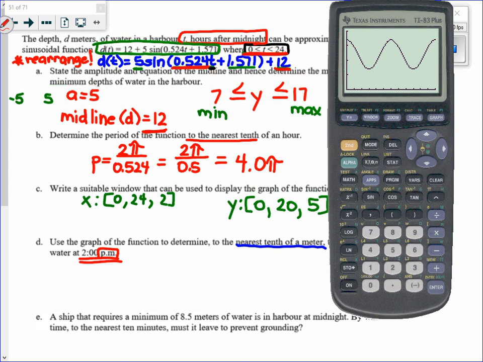Okay, so 12 hours after midnight would be 12 o'clock noon, and then 2 more hours beyond that. So this is 14 hours after midnight. So what we're trying to calculate is at 14 hours after midnight, that's what our x is going to be, right?